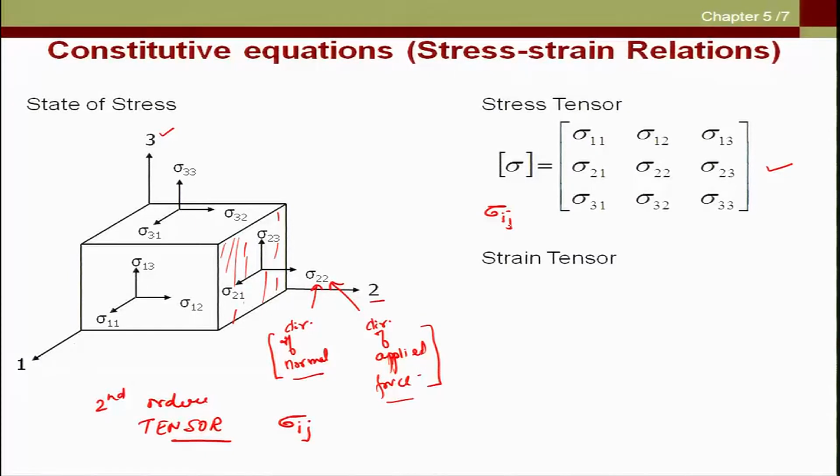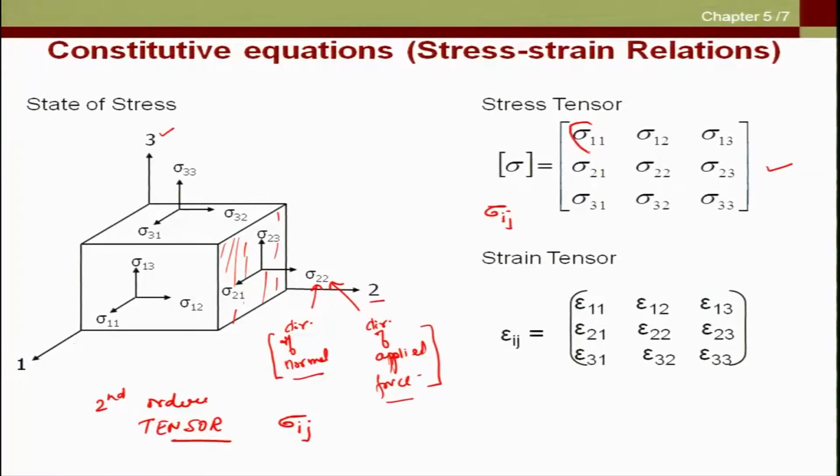Similarly, this is our strain tensor, epsilon ij, where epsilon ij is epsilon 11 and so on. Before we go to the strain tensor, these diagonal stresses are extensional stresses and all the others are shear stresses, because the direction of the normal and the direction of the applied force are not aligned with each other.